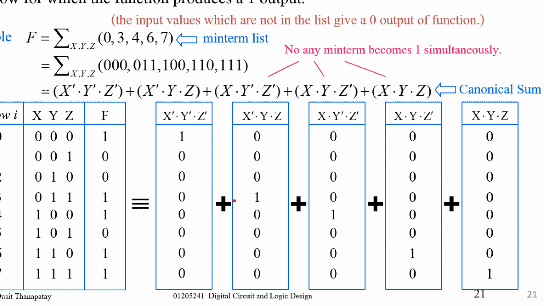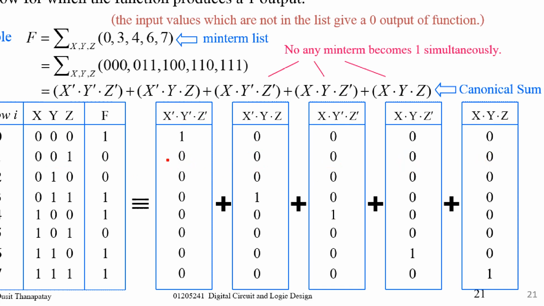Namely, if you apply 0, 0, 0, this term will be 1 and the other terms will be 0, so 1 or 0 or 0 or 0 or 0 is 1, right? If you apply 0, 0, 1, this term is 0, this term 0, this term 0, this term 0, this term also 0. If all of these min terms are 0, the result is 0, right, when you sum them all together.